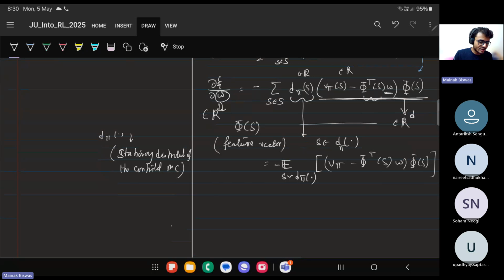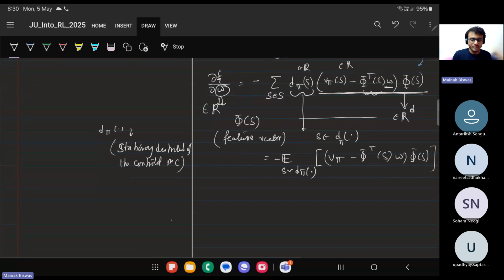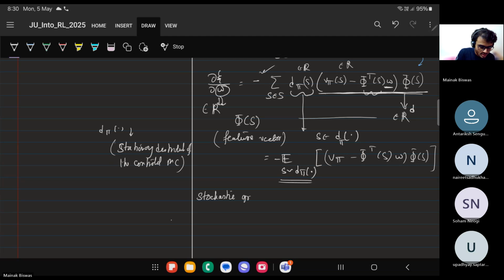Okay, so we showed last time that if it is really an expectation, we did not need to compute the entire sum, right? Stochastic gradient descent gave us this option. What did it give us the option of? Of using an unbiased estimator.